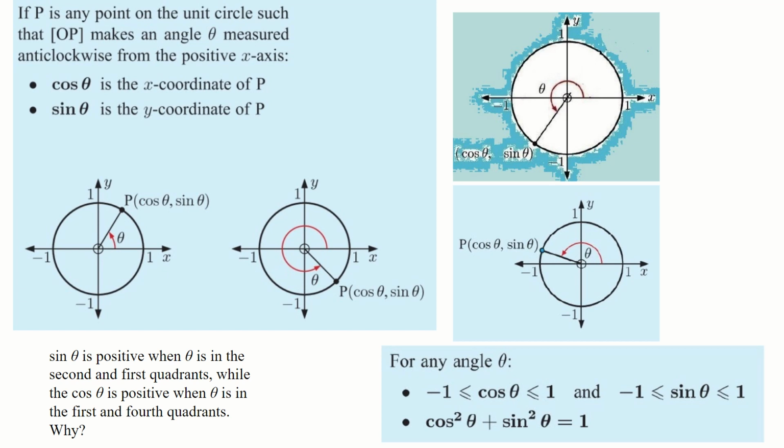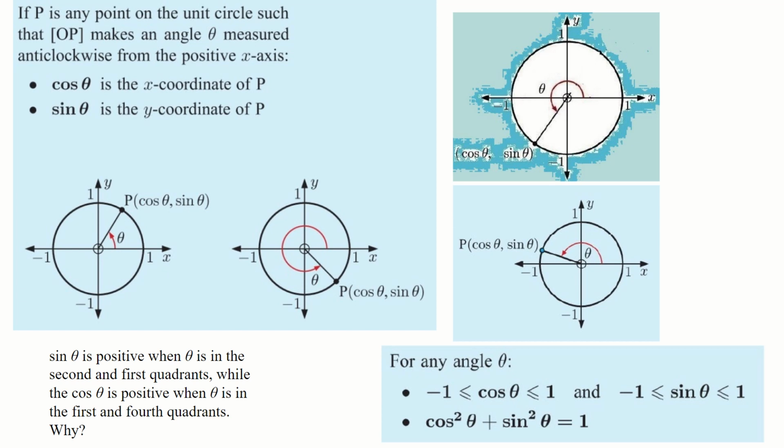Now, for cosine theta to be negative, the theta value will have to be in the second quadrant, between 90 and 180 degrees, or in the third quadrant, between 180 and 270 degrees.